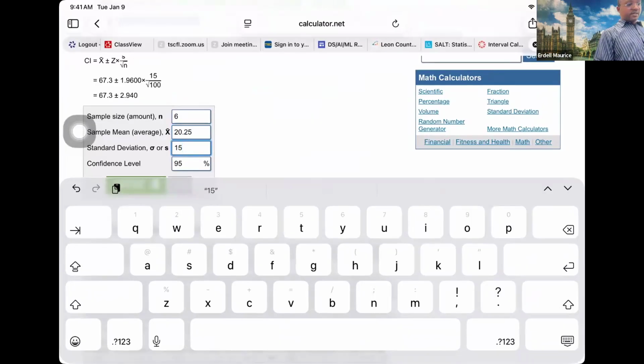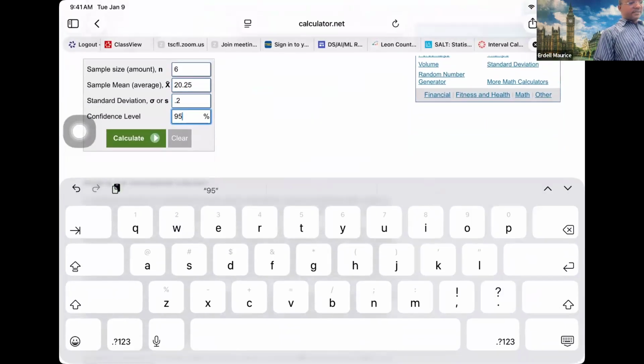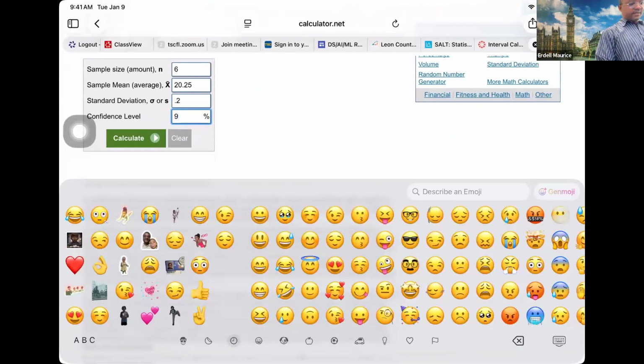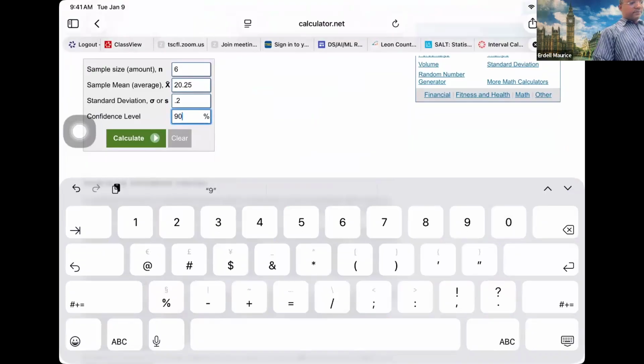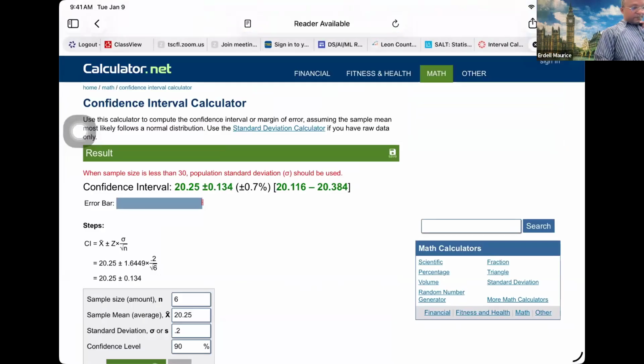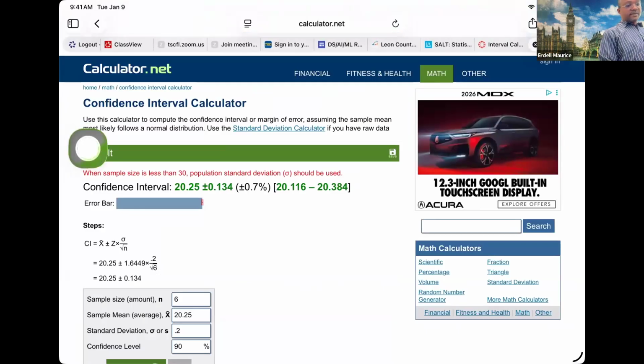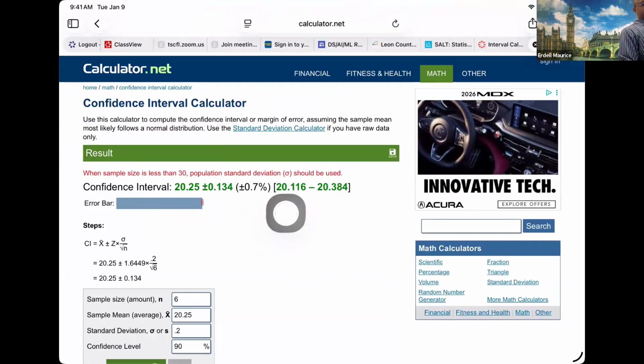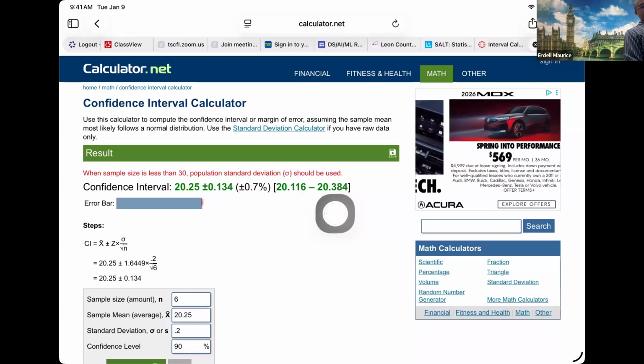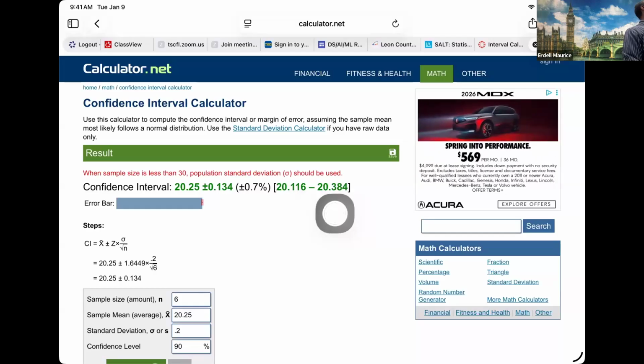The standard deviation was 0.2. And we wanted to be 90% confident, and then calculate. And you can see it got the same answer right here, 20.12 to 20.38. Questions there?